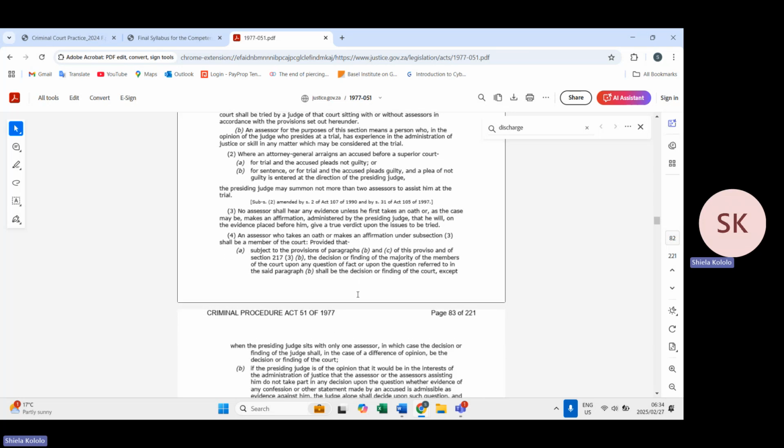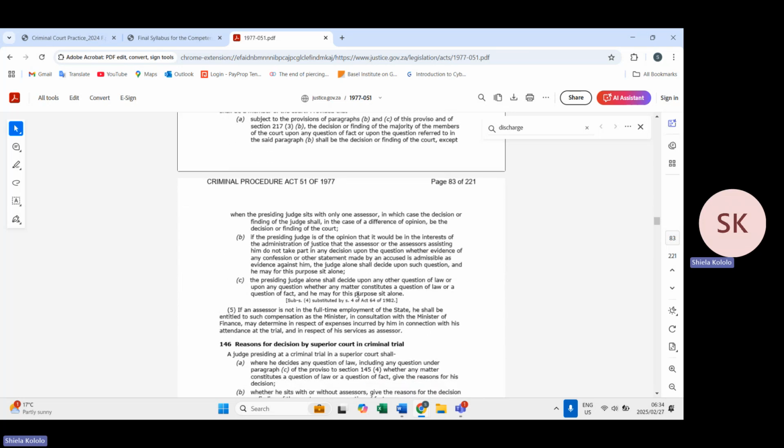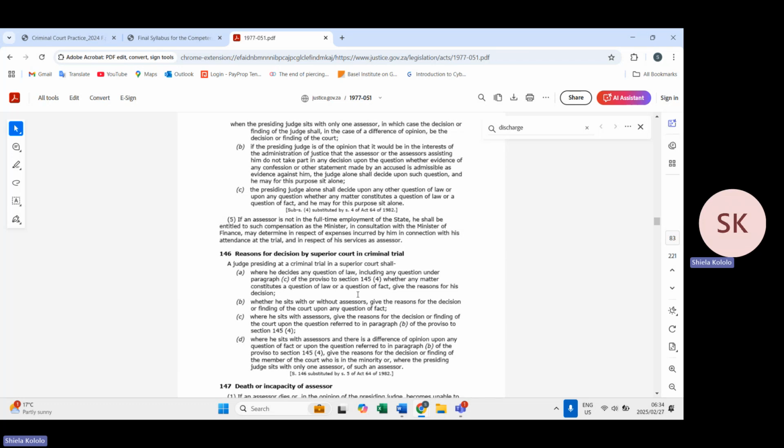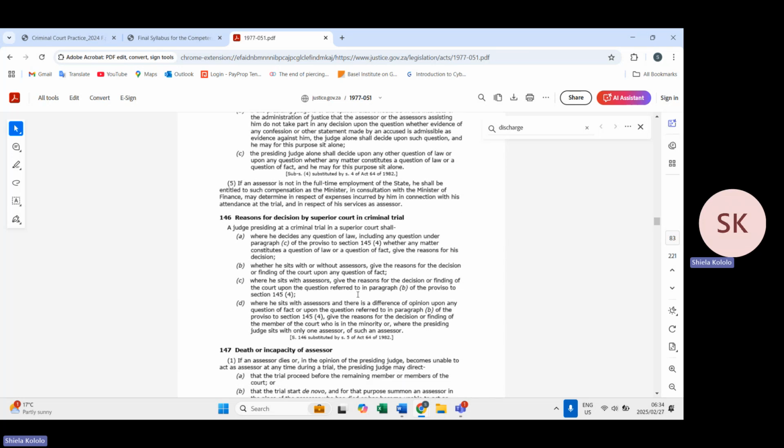And then going to the next one, section 146, reasons for decisions by superior court in a criminal trial. We basically explain how trials are conducted and the judge's role in making a decision. During a trial, the judge is responsible for legal aspects of the case.